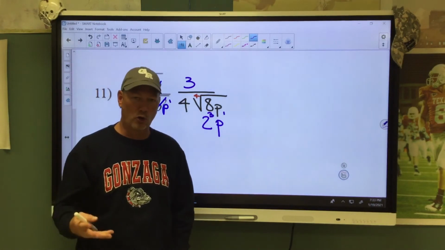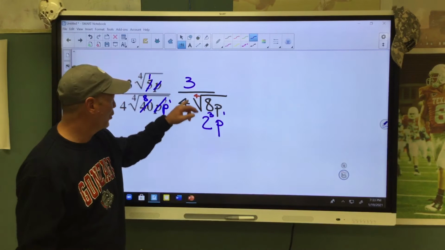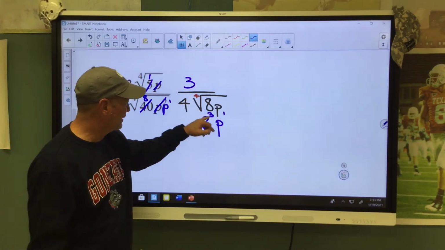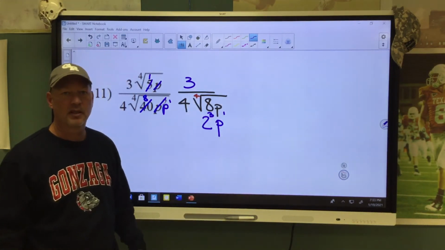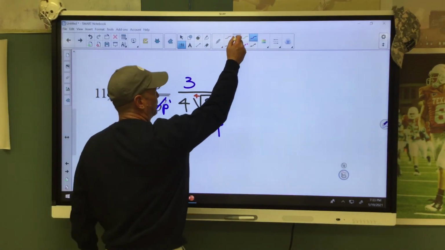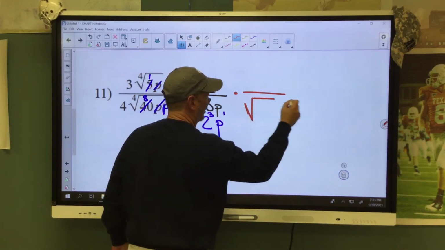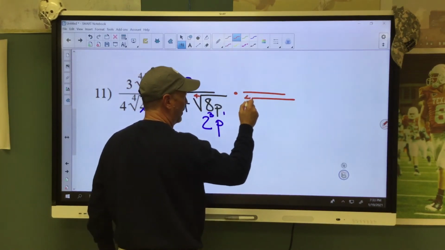Did you remember what our goal is? Our goal is what? To get the root to match the exponent. What do we need to multiply times? Well, we're going to multiply. Make sure you use 4.